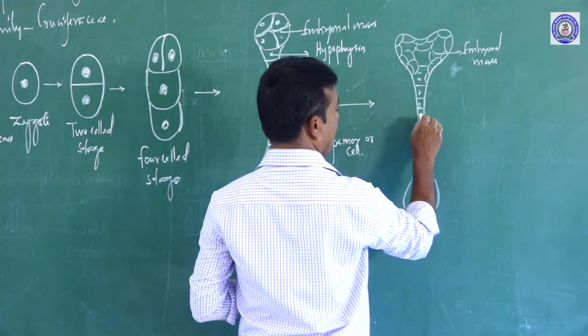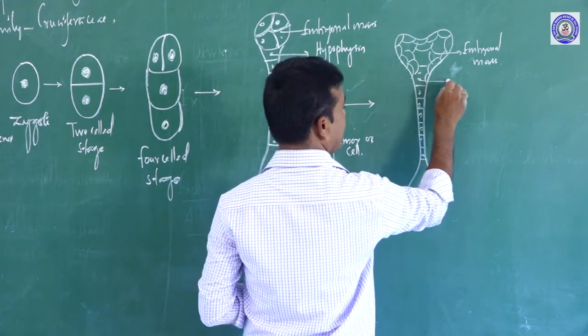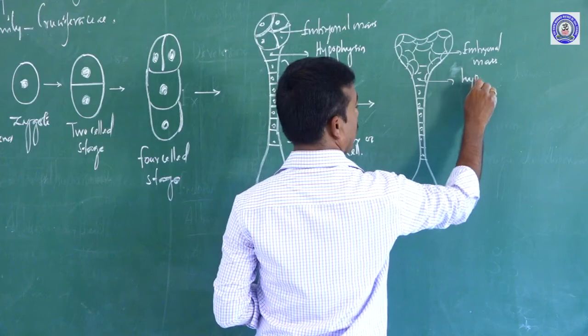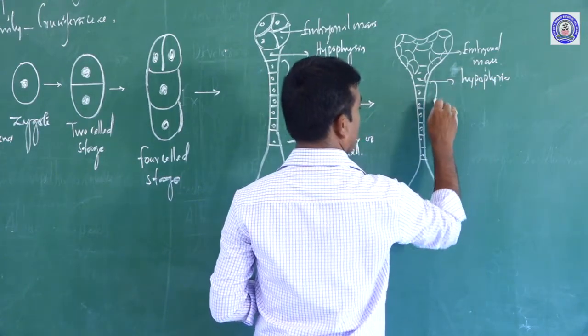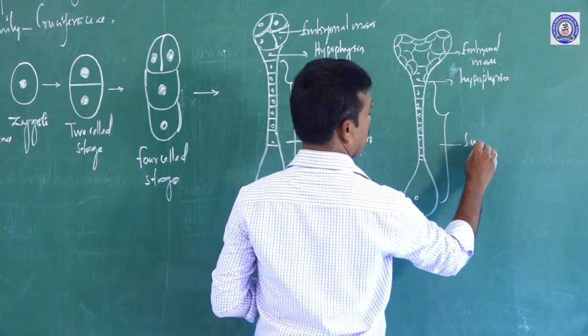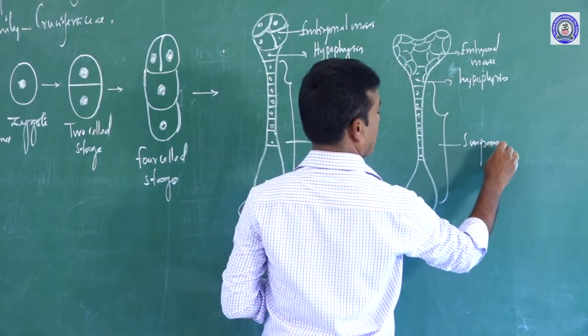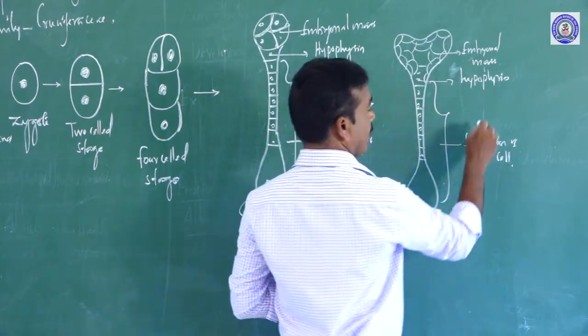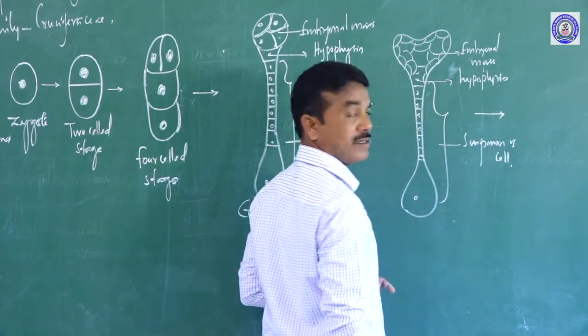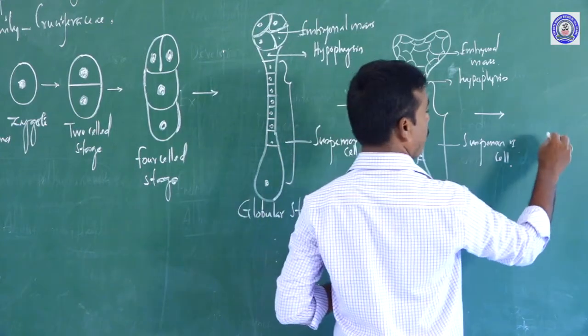This is the hypophysis. These are all the suspensor cells. The next stage is commonly called the mature embryo.